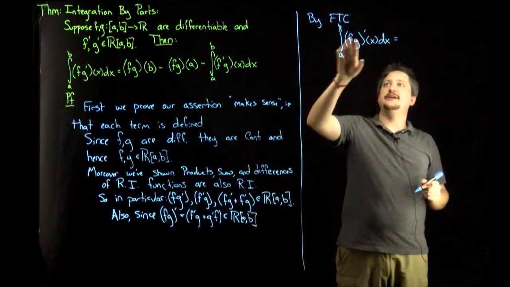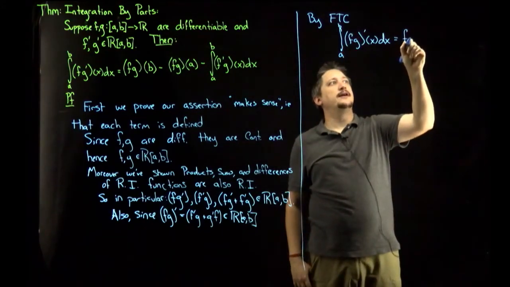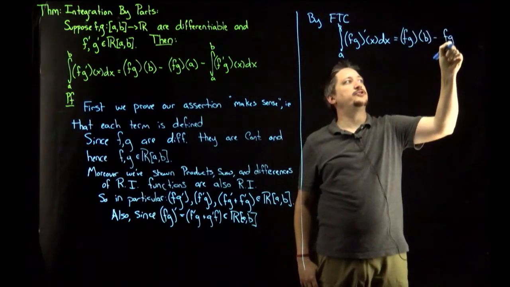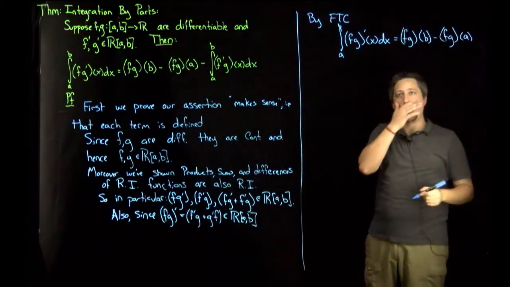So by FTC, I can take that function, because it's Riemann integrable, pull it out, and I get fg applied to b minus fg applied to a, right?